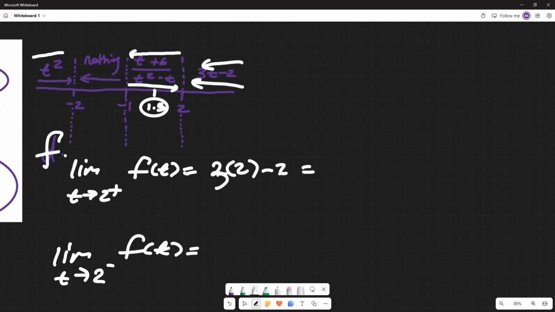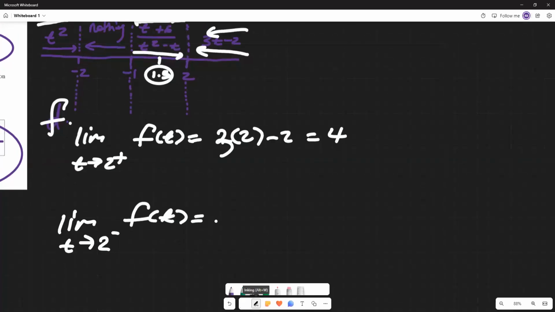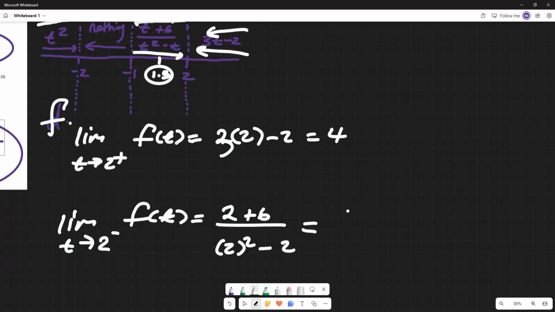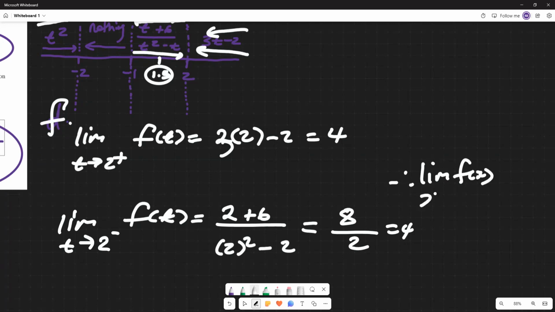So it's 6 minus 2, which is 4. Now from the left, we're approaching this one. So we can substitute quickly, which gives us 2 plus 6 over 2 squared minus 2, which becomes 8 over 2, which becomes 4. Therefore, the limit of f of x as x approaches 2 is equal to 4.